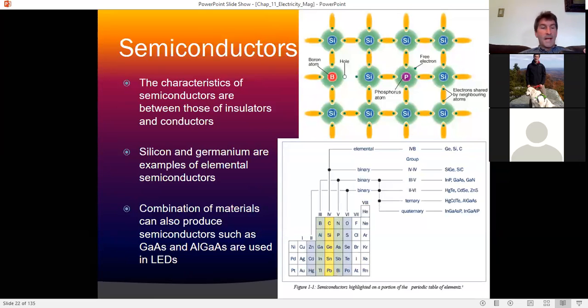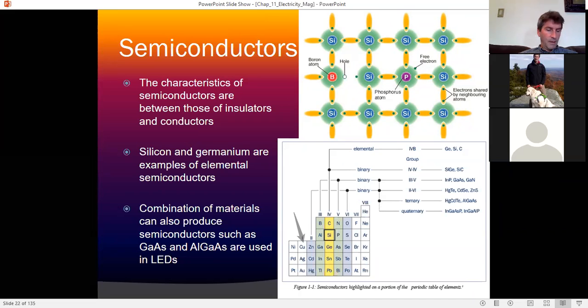Okay, last thing, semiconductors. Some materials are somewhere between being a metal and being a good insulator. And semiconductors behave this way. Normally, silicon is not considered to be a conductor, okay? Silicon is right here on the periodic table of elements, and everything to its left is pretty much a metal.